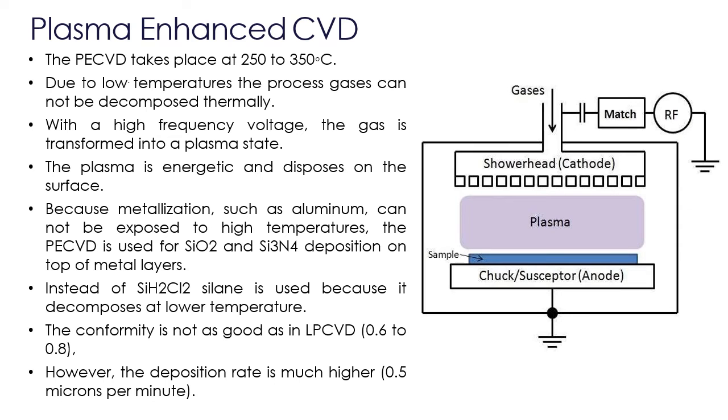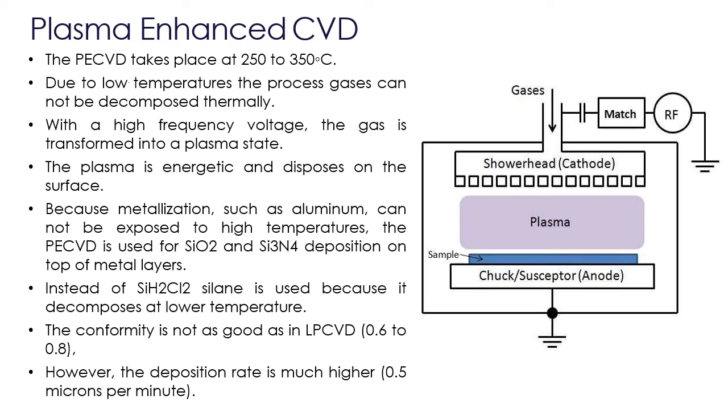The next process of CVD is plasma enhanced CVD, or PE-CVD. This process takes place at a temperature of 250 to 350 degrees Celsius. Due to this low temperature, the process gases will not be able to decompose thermally.